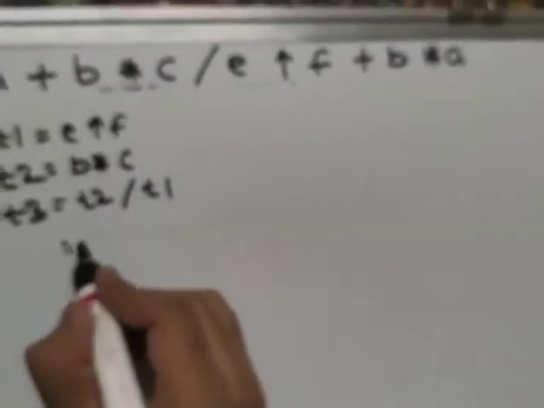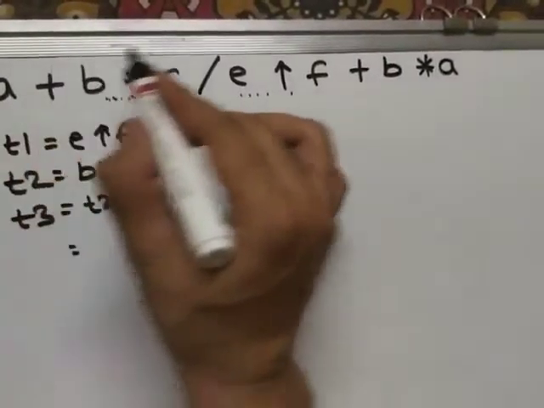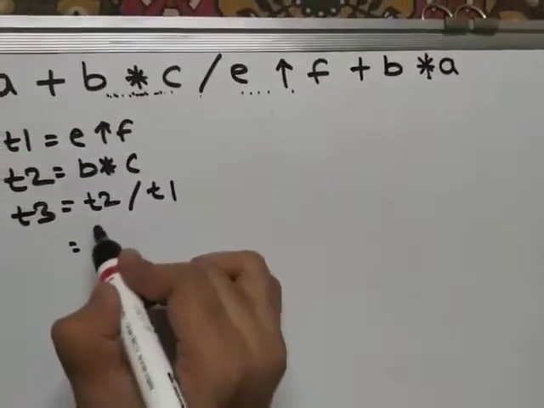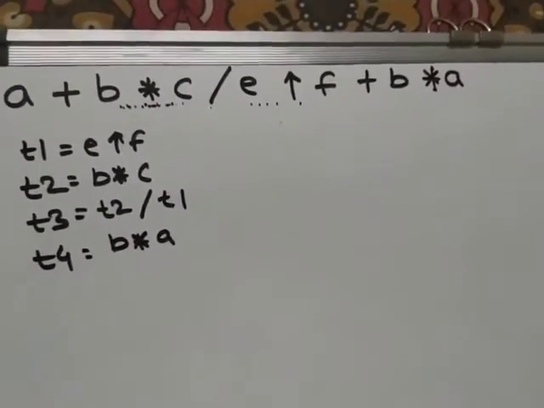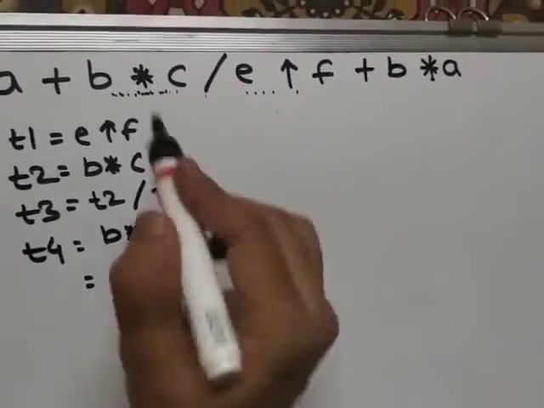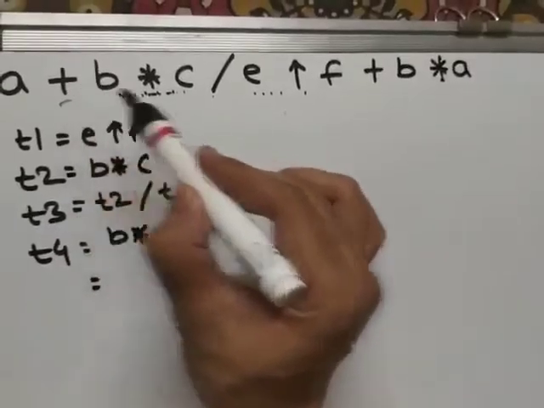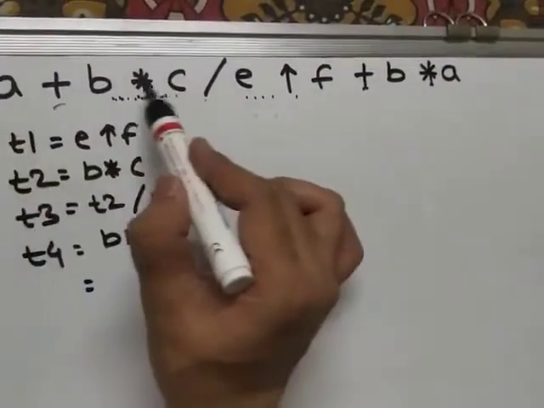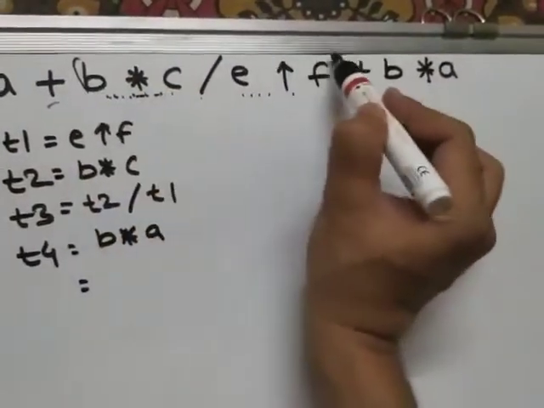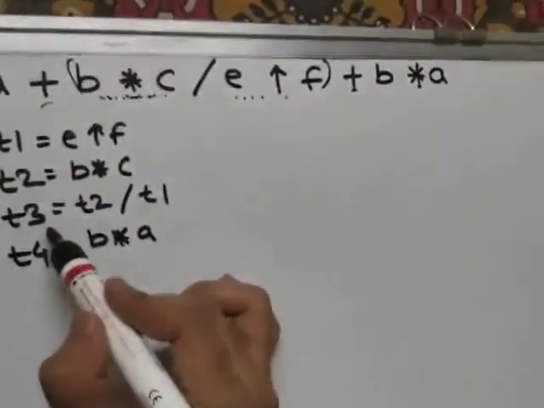Next we will be having the operation, go from left to right, we will be having multiplication. So b star a will be stored in t4. Now go from left to right, now plus is remaining and this plus is remaining, so this will be having highest precedence. So a plus the entire expression divided by, so it is t3.